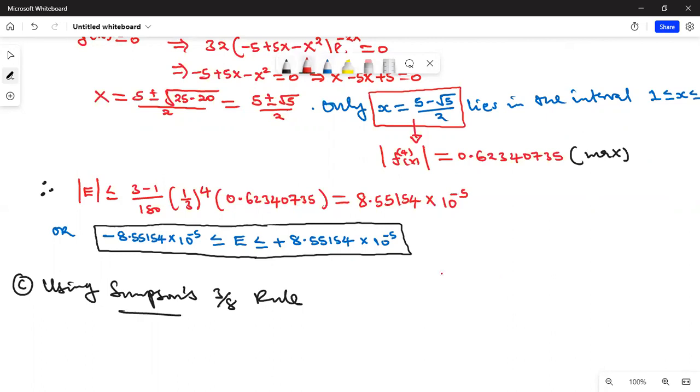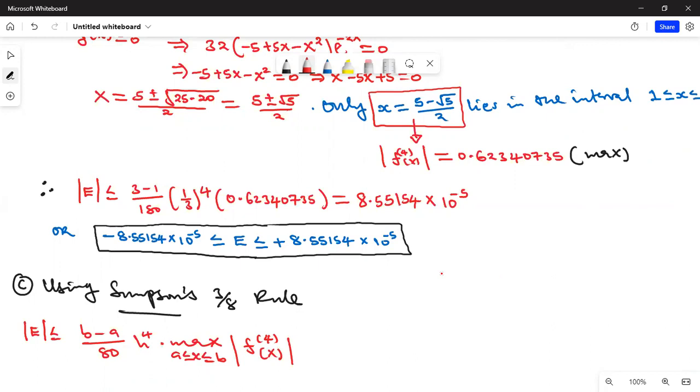This is the formula: the absolute error should be a value less or equal to b minus a over 80, now it is not 180 but 80, h raised to 4 times the maximum between a less or equal to x less or equal to b of the absolute value of the fourth order derivative of the function f of x. The same things we did in Simpson's third rule.